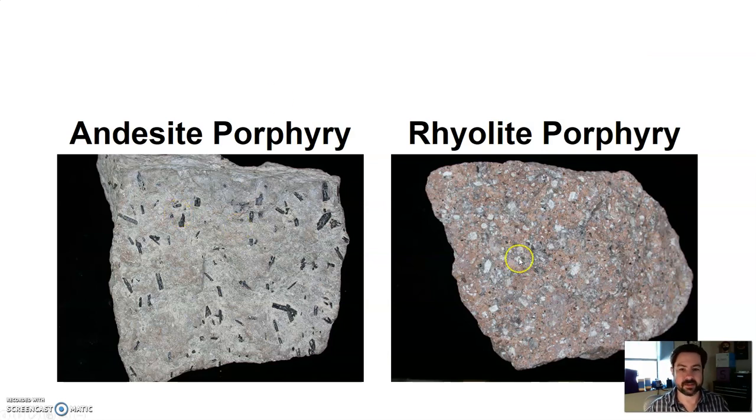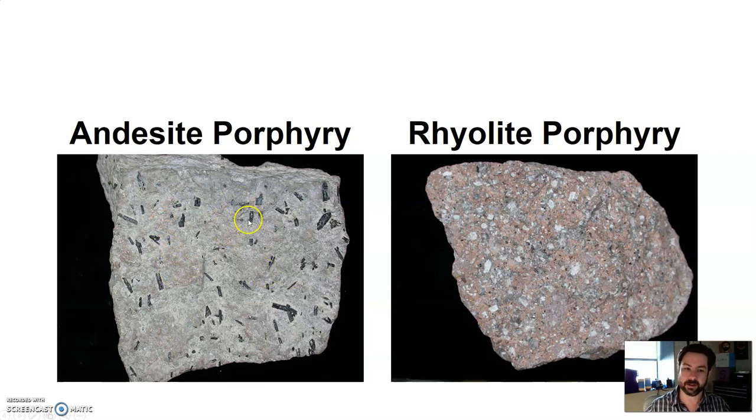So here you can see rhyolite porphyry. You can see the pinkish stuff that's more indicative of rhyolite, but you can also see some of these bigger chunks of crystals, making it porphyritic, so rhyolite porphyry. Same with andesite. Andesite's an intermediate extrusive igneous rock, so it's typically a smaller, grayish, not visibly grained igneous rock, but then you'll have these black, bigger crystal grains that signify the cooling began below ground, but then the cooling finished above ground.